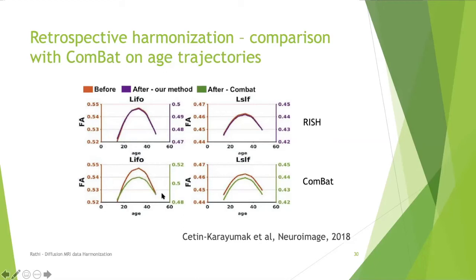This is slightly an undesirable result, but this is what you see. Because there is a nonlinearity in the FA value over the age range, whereas in ComBat you assume linearity of this dependent variable. So this can cause some problems here.